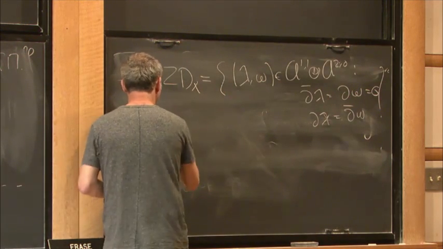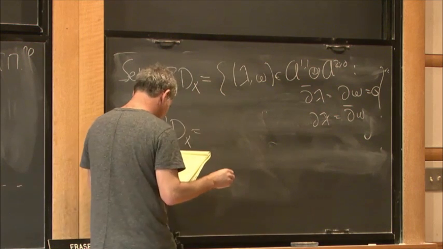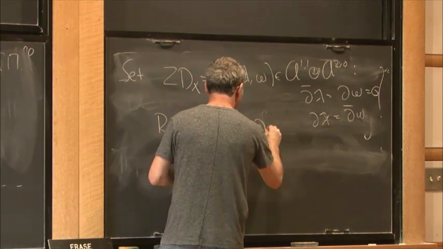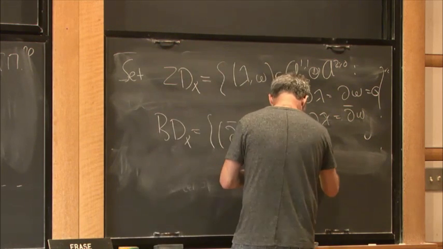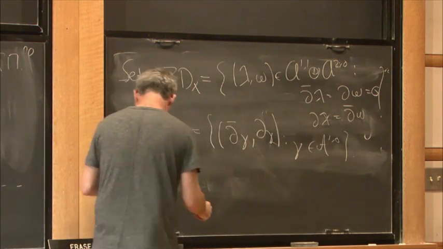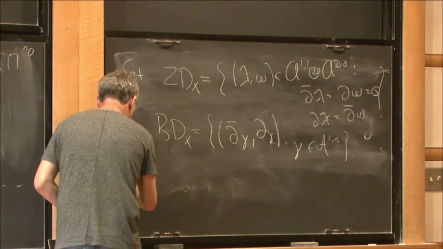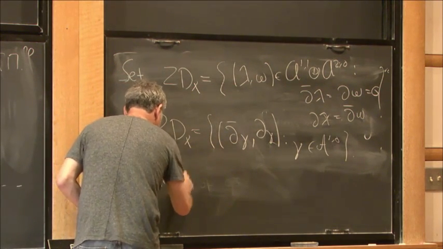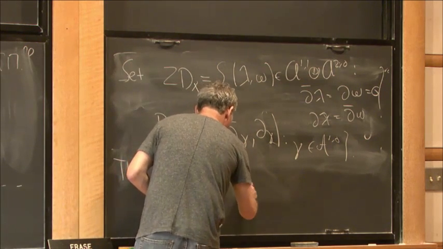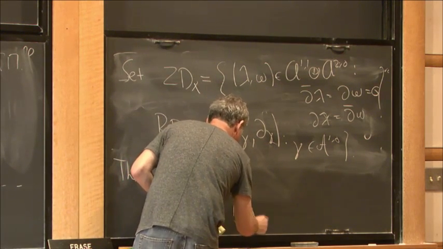And then let's set B of dx equal to the set of D bar of gamma, partial gamma, such that gamma is in A1,0. Then this twist of dx is just z dx mod b dx.